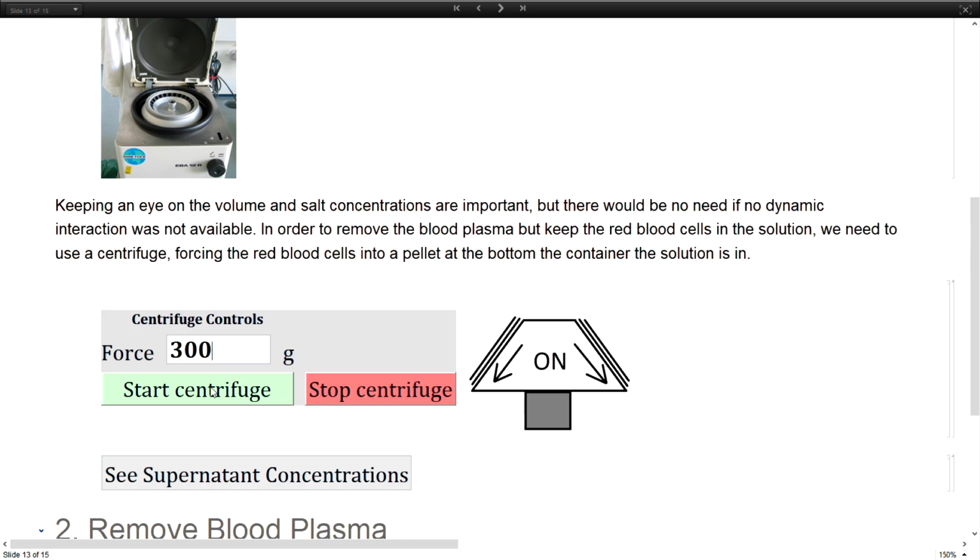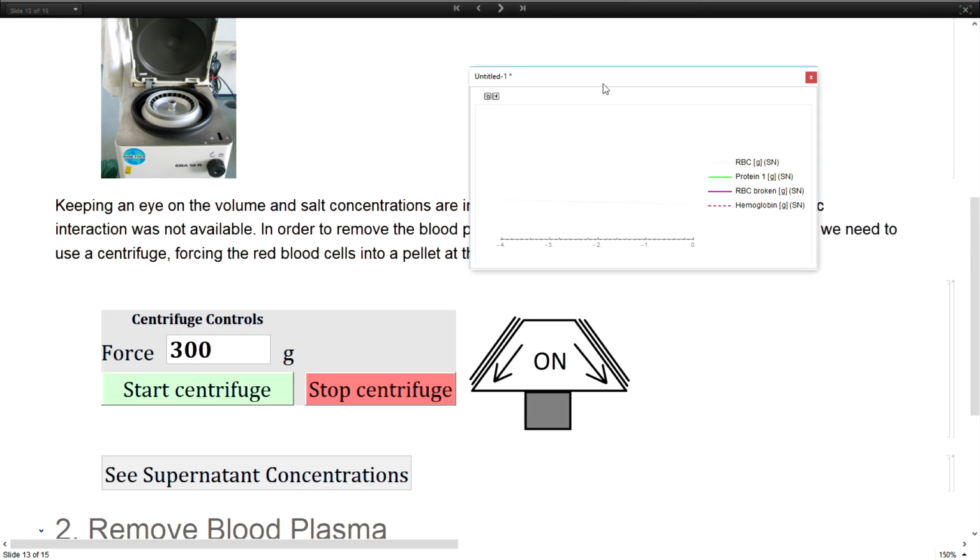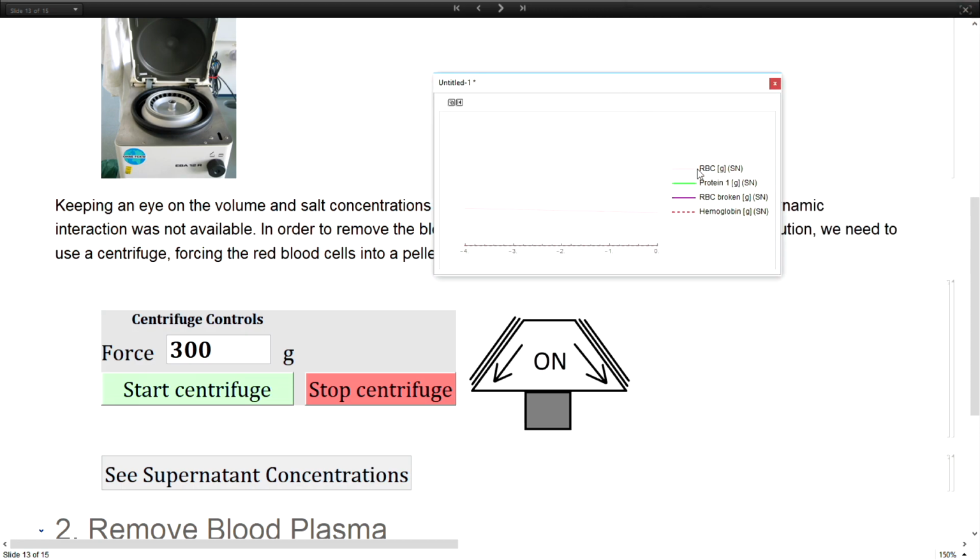Now, since this is a simulation model, we can actually provide the students with a bit more than that. We can provide them with an inside look of what is happening within the vessel. So here we can see a trace with some different concentrations.